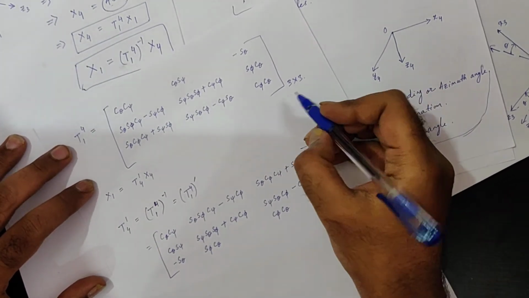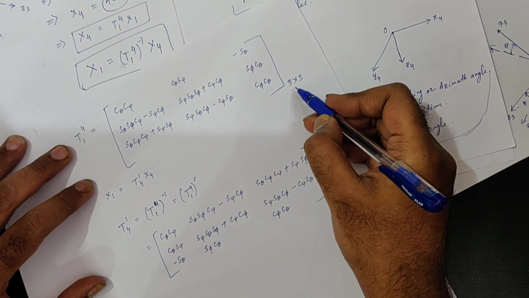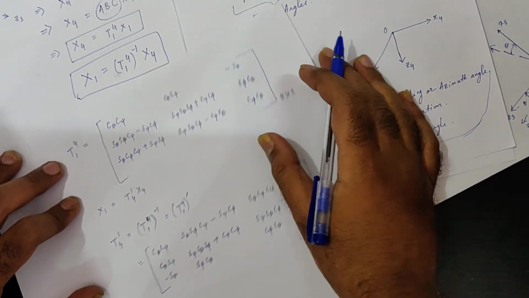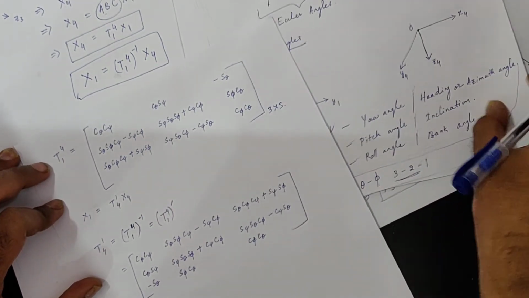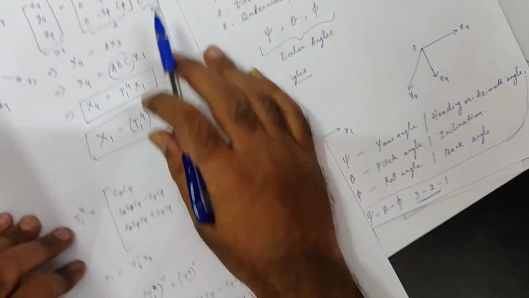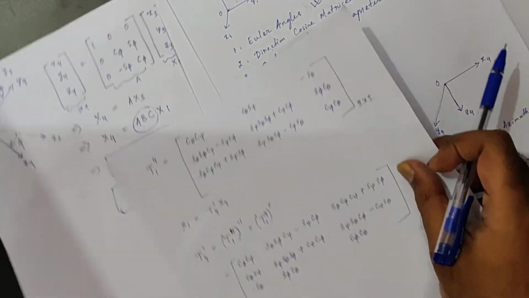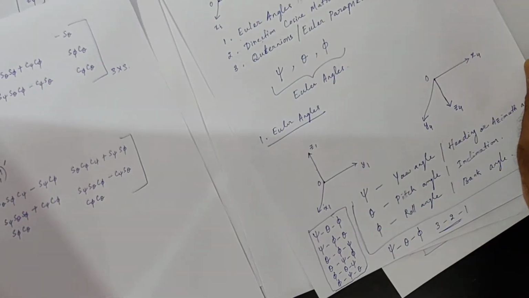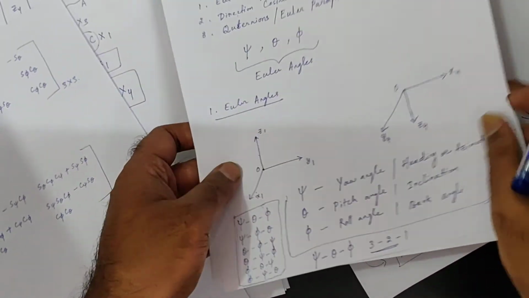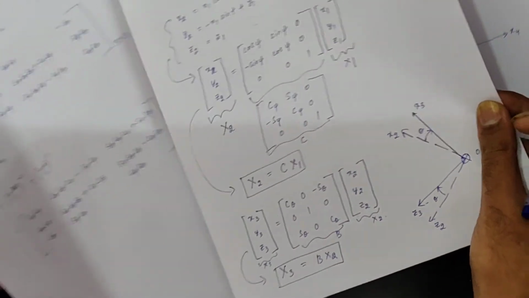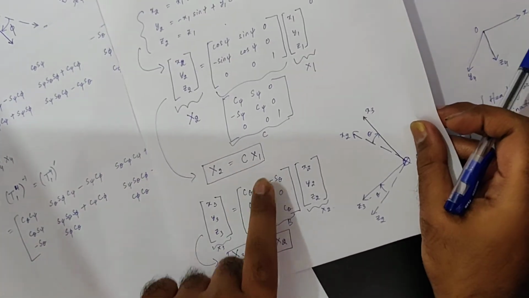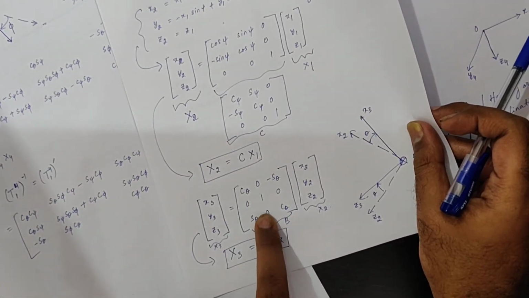Okay, so one more thing to be noted here is that these transformation matrices, like this is A matrix, and similarly this is B matrix and C matrix.